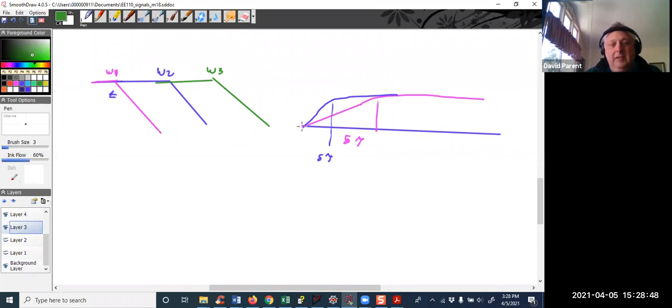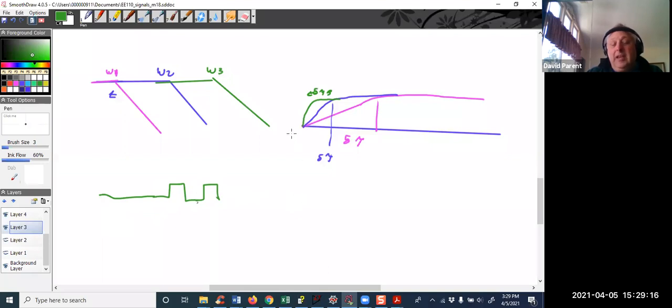And then omega 3 is going to be like that. Its 5 tau is the smallest. So the thing is, we say that this waveform has been going on forever, but it's not really, right? We turn the thing on and then it starts oscillating, right?